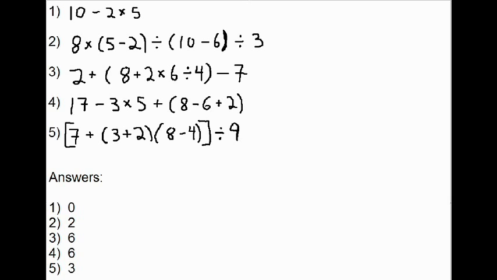So with each one of these questions, the first thing you're going to ask yourself is, well, what operations do we have? And then which ones do we have to start with? You're going to work your way down, so leave yourself enough room underneath the question to answer the question. Okay. Now, with this very last question that we have here, there's a couple of things I want to talk about.